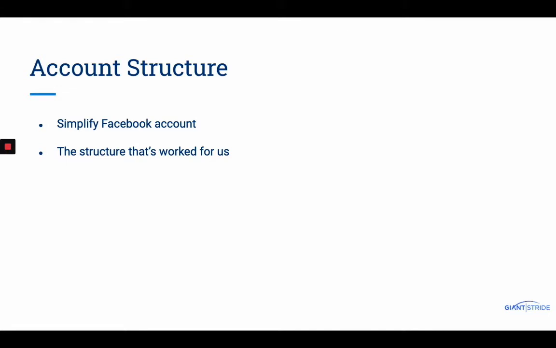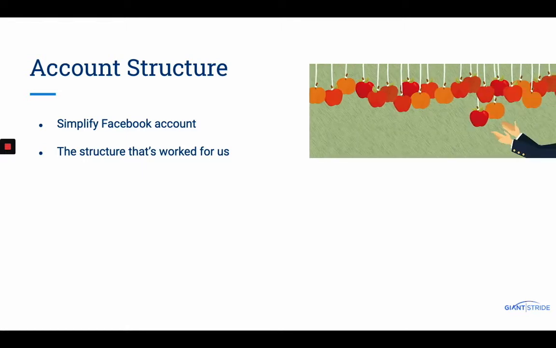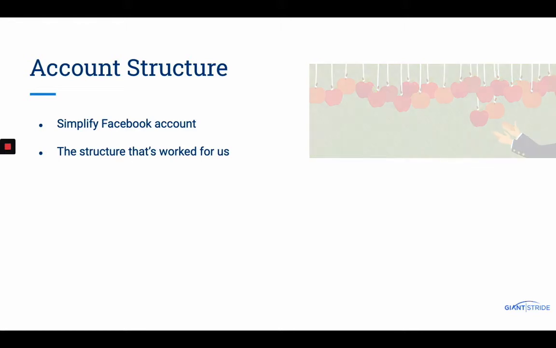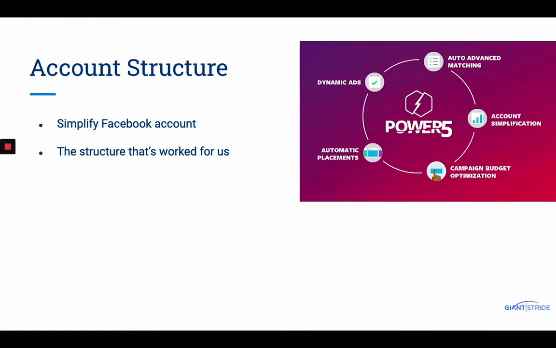When it comes to troubleshooting a high CPA, the first thing I suggest you take a look at is your account structure, because tackling this one first could offer you low-hanging fruits compared to other factors like your creative and audiences. So Facebook released a paper not too long ago called The Power of Five.